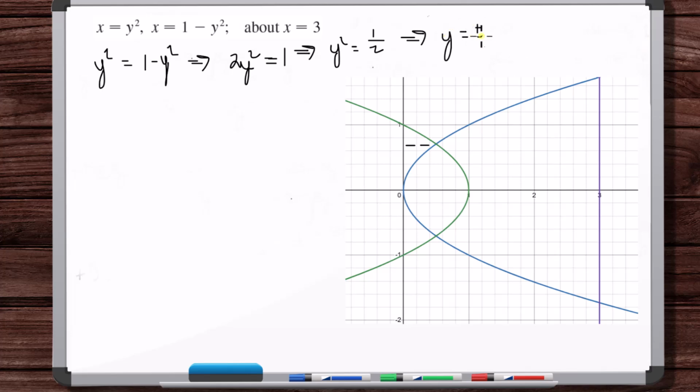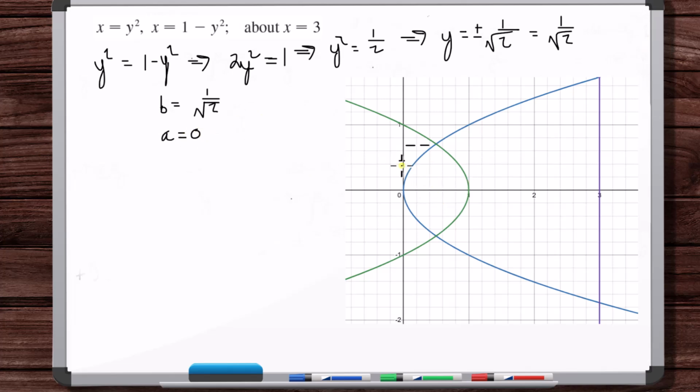Plus or minus 1 over root 2, but here we just need the positive. So b is equal to 1 over root 2, a is equal to 0.